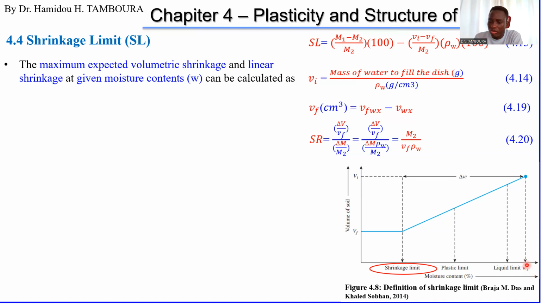Because the initial water content is sometimes difficult to fix. You will just put water randomly and check what your initial water content is. Then by doing this, do you remember this shrinkage ratio?